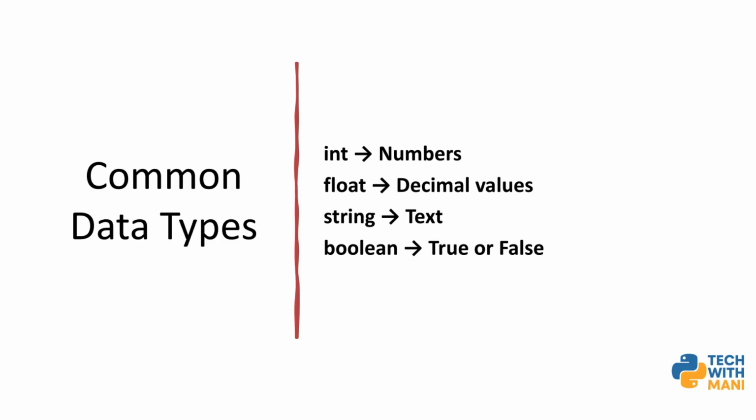Int is for numbers without decimals. Float is for numbers with decimals. Another one, string, which we are seeing in all our demos. String is for text or characters. The last one, boolean, is for true or false values.